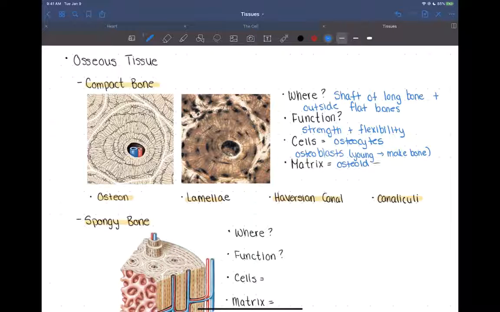So then it calcifies to become really hard. So that's going to be the ground substance. And then it's also going to contain some collagen as well. And so that collagen is what's going to make the bone slightly flexible.